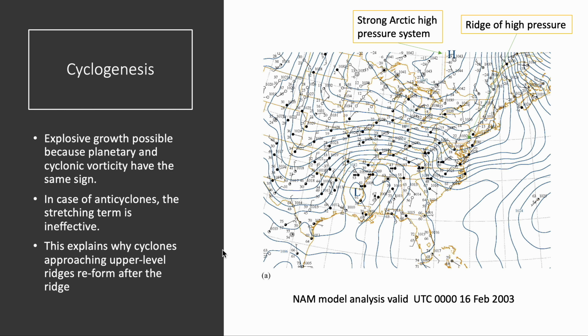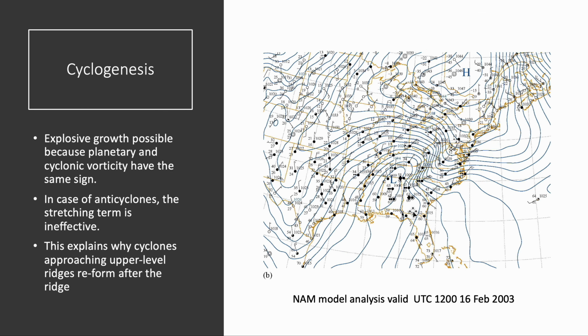And this causes some ridging over here. And notice that the low collides with this ridging. Now, what ends up happening is that this high doesn't grow exponentially. It doesn't become an exponentially strong high pressure system, but the mechanisms that led to the increase of the vorticity here will lead to the growth of vorticity east of this ridge.